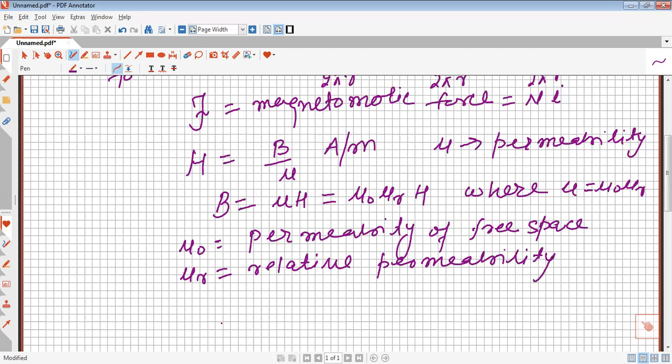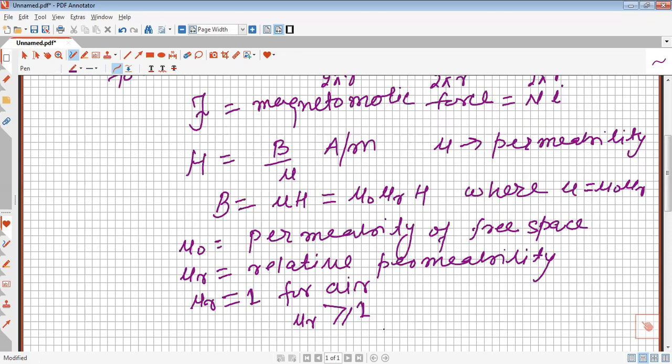This mu r has a very important application for the magnetic circuit. Its lowest value is 1, for air. Otherwise, its value is always greater than or equal to 1.